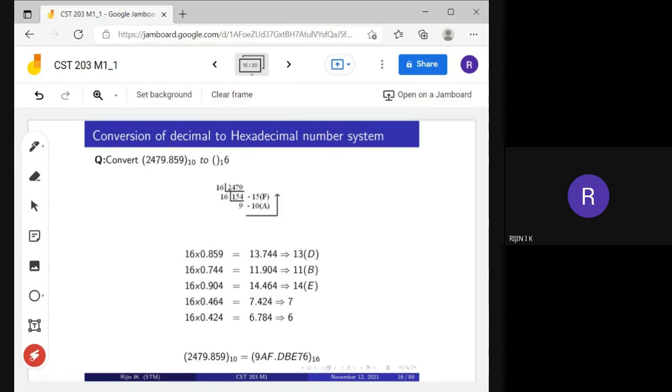In that case, what you have to do, Arunima, for converting a decimal number into the hexadecimal number system? Arunima P, what you have to do?